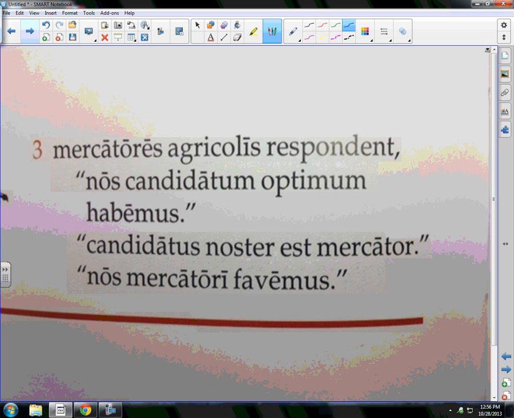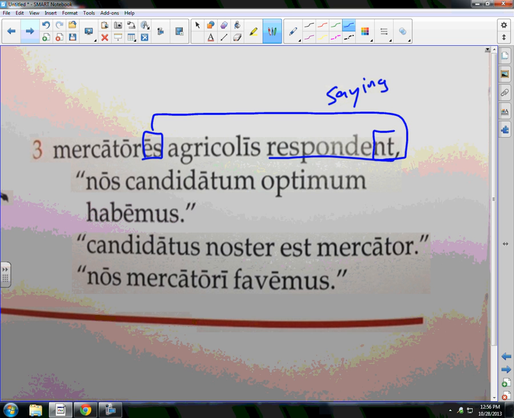In the first sentence, again, we have a verb of saying. So that says that, well, we could have an indirect object. Let's see if we do. This right here is nominative or accusative plural. I'm guessing that it's probably going to be nominative. The merchants respond. That's the same verb. They're speaking.